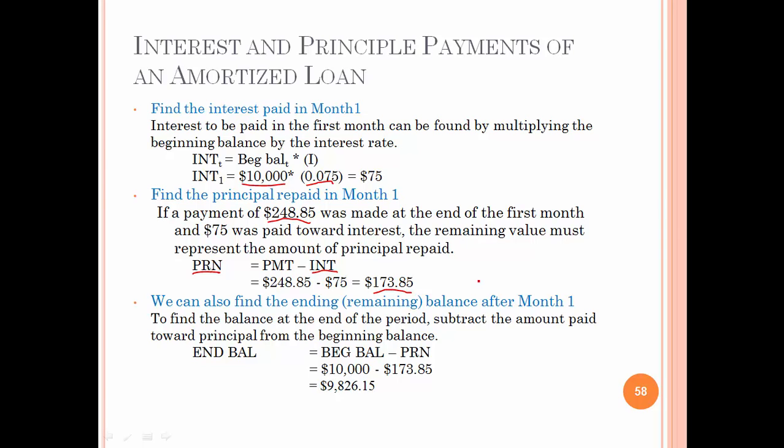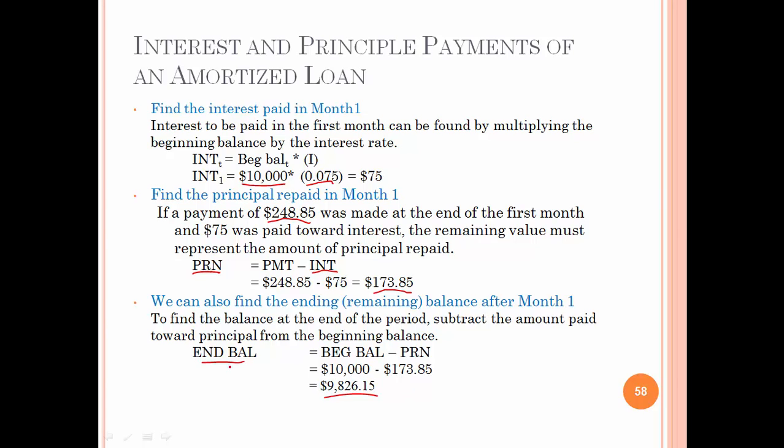This principal payment will be used to reduce your balance, which means after the first payment, your ending balance will be $173.85 lower. Your ending balance is now lowered to $9,826.15.